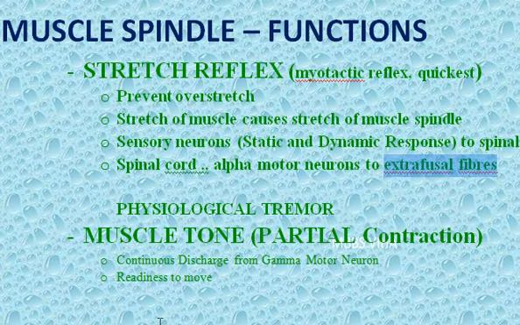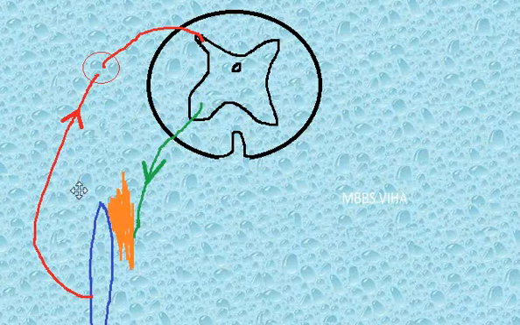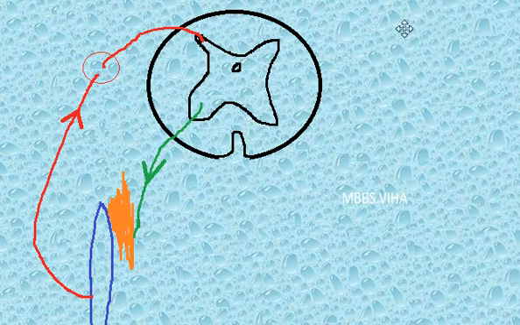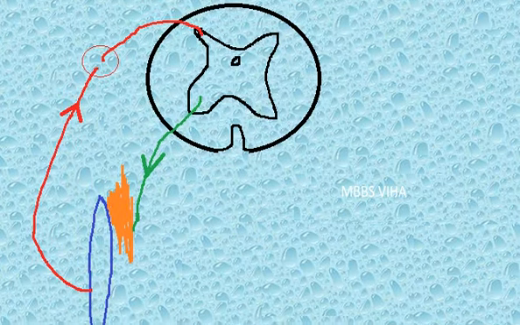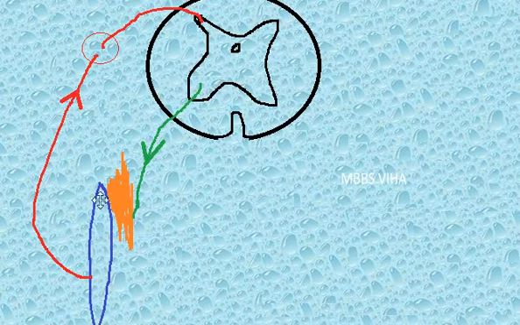Fine. Now look at this diagram, a very crude one. This is your muscle spindle, and from the muscle spindle is coming your sensory neuron. Sensory information. It is getting relayed at the dorsal root ganglion, going to the spinal cord processing the information, and via the alpha motor neuron present here.